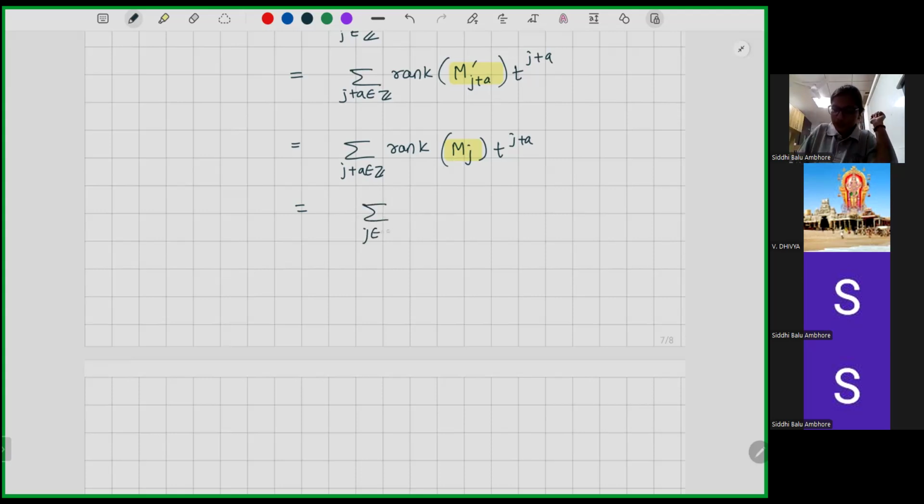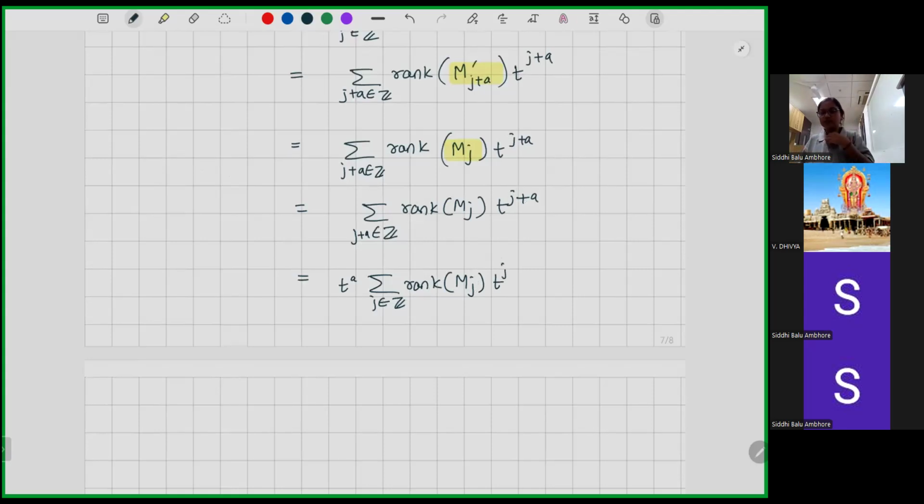The rank of M_J, t power J, t power A. Let me write this carefully: the summation over J in Z of t power A, the rank of M_J, t power J. A is not disturbed by this, and I can take t power A common because A is fixed.